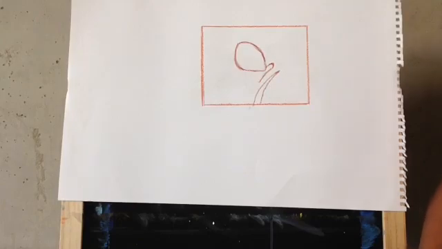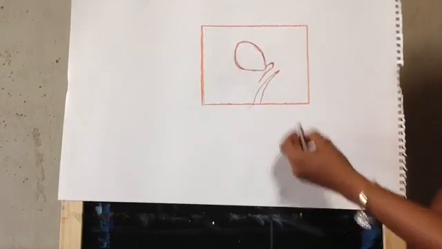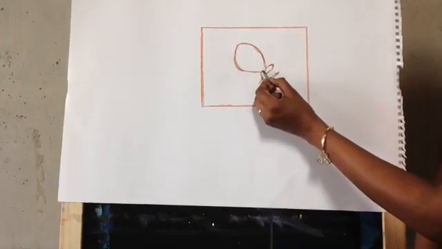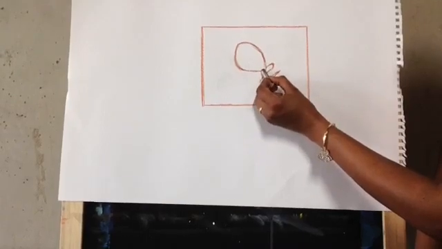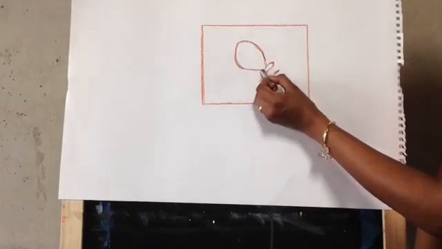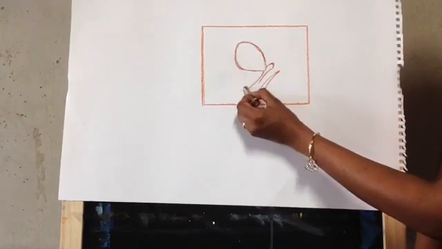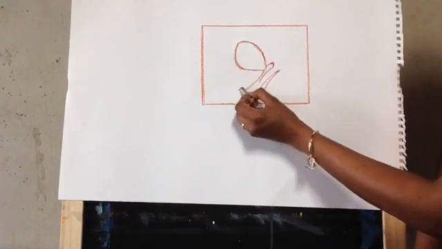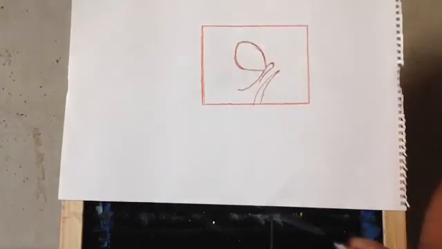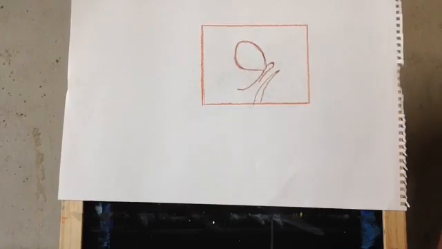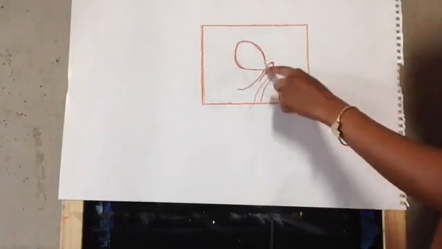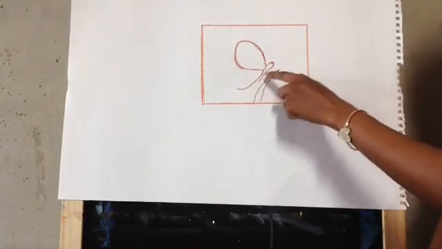Now for the bottom wing. It's going to be narrower than the upper wing. So the bottom one, this curve is going to be towards the down, like that. So it's going towards the bottom.